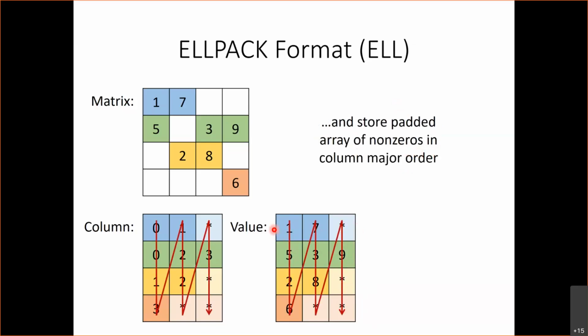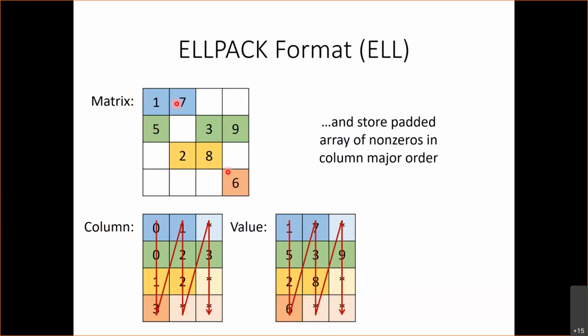So instead of storing these non-zeros, 1, then 7, then this padded element, then 5, then 3, then 9, then 2, then 8, then the padded element, in row major order, we're actually going to store these in column major order. So we're going to store the 1, and then the 5, and then the 2, then the 6, then the 7, then the 3, then the 8, then the padded element, then the pad element, then 9, the pad element, the pad element. So what's happening here is we're actually taking the first element of each row and putting them next to each other in memory.